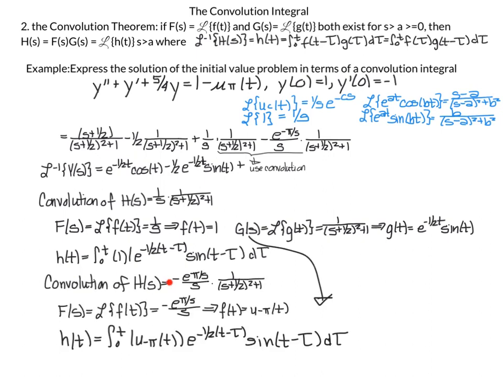I do the same thing for my second term, this e to the minus pi s over s times 1 over s plus 1/2 squared plus 1. I rename that as h of s, and I want to figure out the convolution of h of s. So my first function is equal to my capital F of s, which is the Laplace transform of little f of t, which is equal to e to the pi s over s. And actually this should be minus pi s over s.